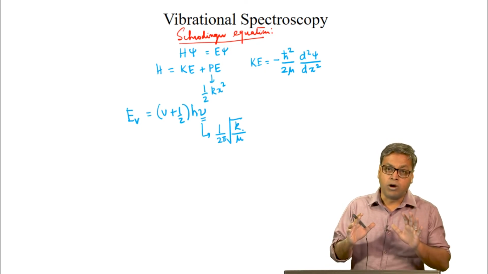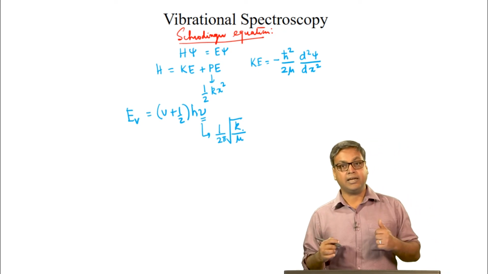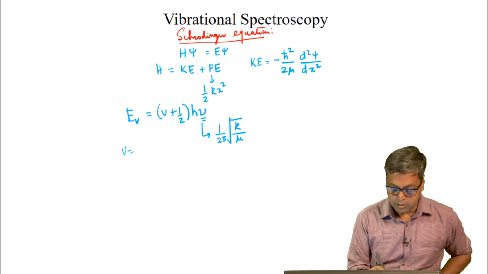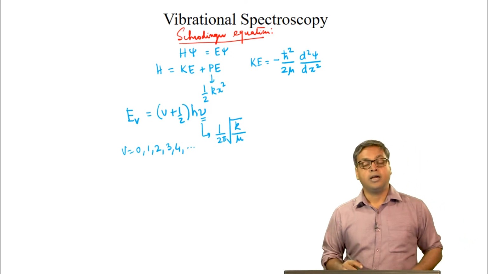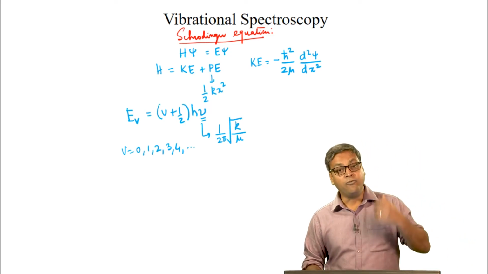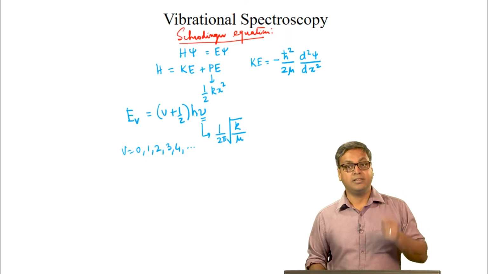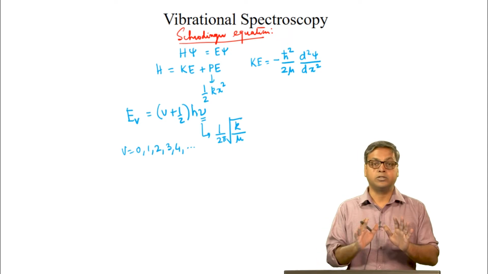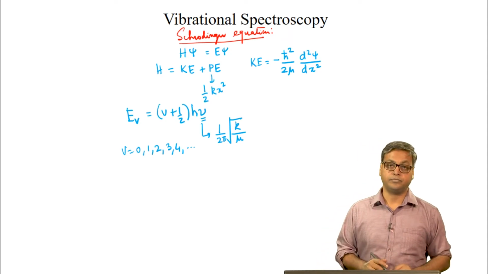The vibrational quantum number can take integral values like v can be 0, 1, 2, 3, 4. In other words, for every value of v, there is a corresponding wave function and a corresponding energy level.